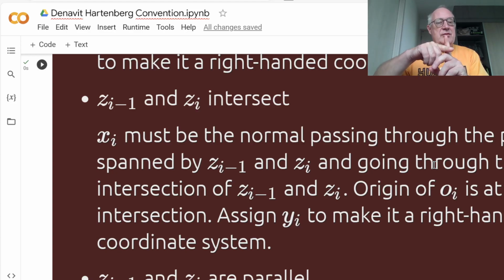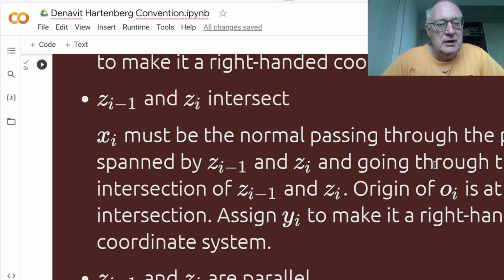In this case, xi must be perpendicular to this. So we have xi and zi, and then for yi we have no more degrees of freedom, so we just assign it to make it a right-handed coordinate system.